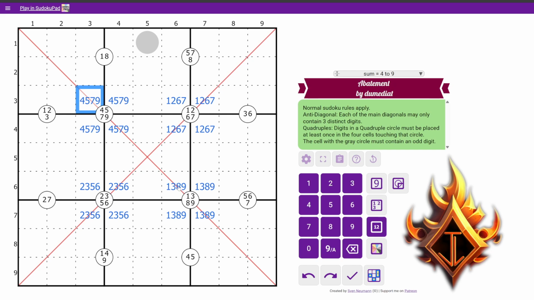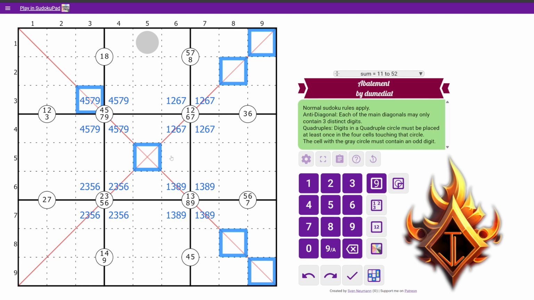So, since it can't go there, and it wouldn't be able to repeat here because this would then be 5, 7, 9. If this was 4, this would have to go in the middle, and then it would have to go on here, and since it was also now on this diagonal, it would have to go there, and then it would have to go here, which would break it.